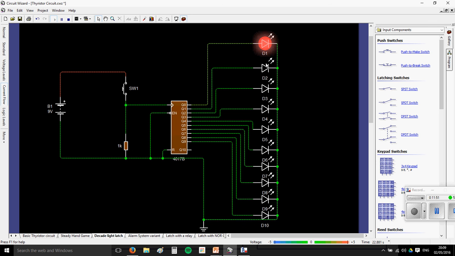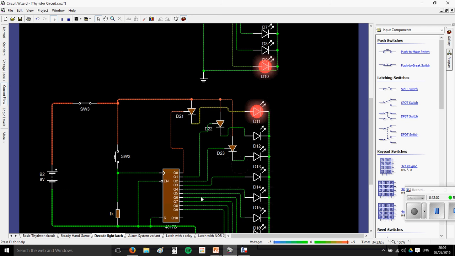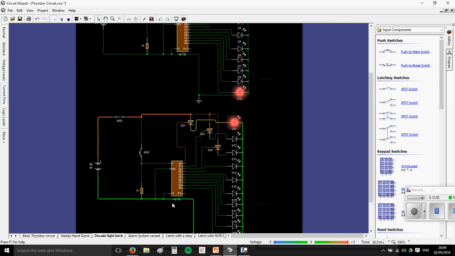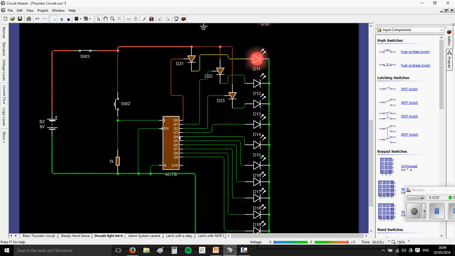So obviously when you've hit it 10 times you'll have 10 lights lit up. Now at the moment, decade counters don't behave like that. They just cycle through the outputs. However, with thyristors, you can achieve your dreams. Well, or at least something mildly impressive in electronics.